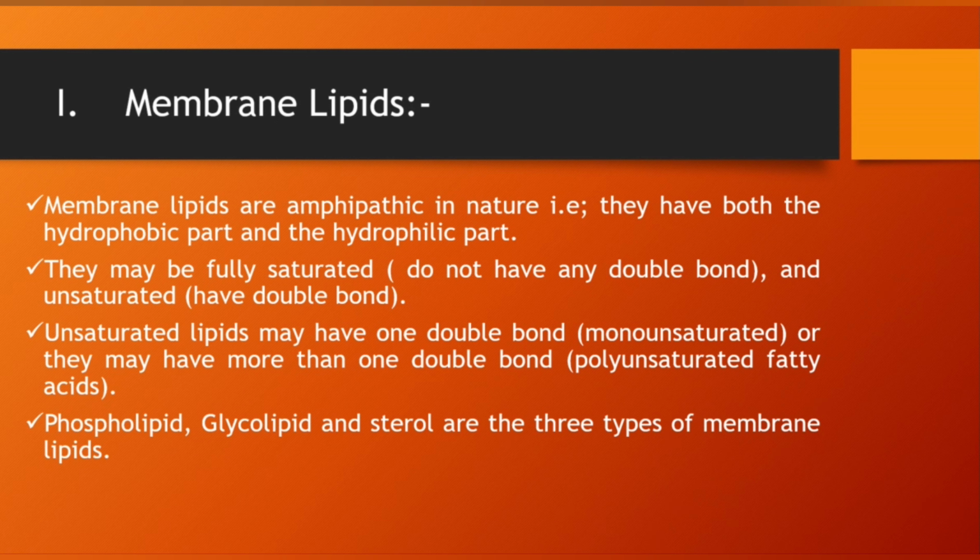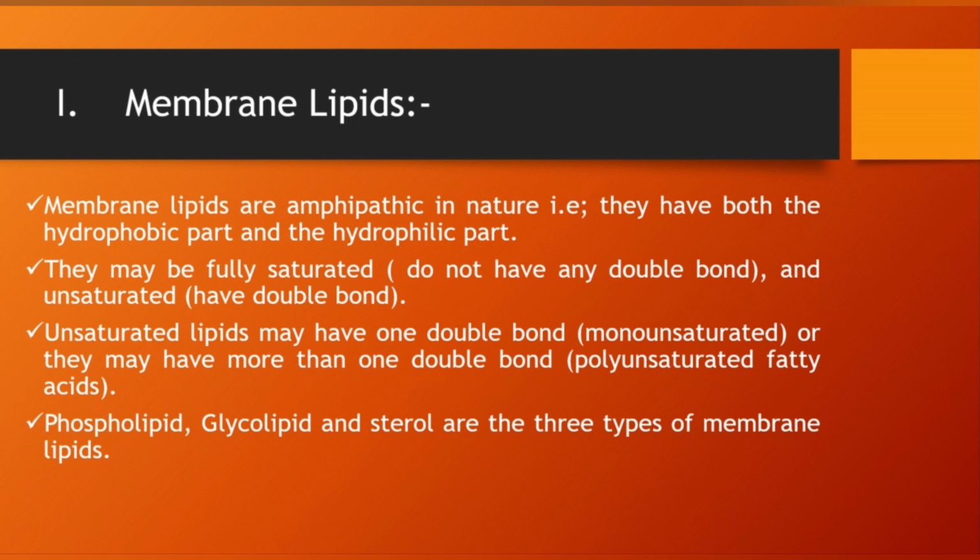amphipathic in nature. They may be fully saturated. What is meant by fully saturated? Fully saturated means that they don't have any double bond in their fatty acid chain. And they may be unsaturated, meaning that they may contain a double bond in their chain.